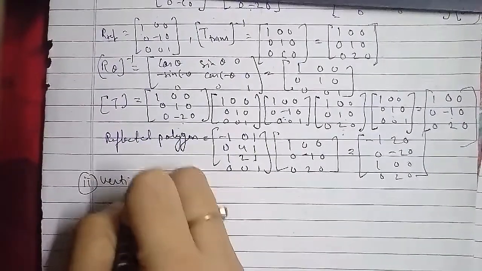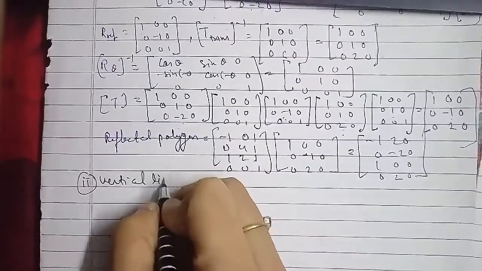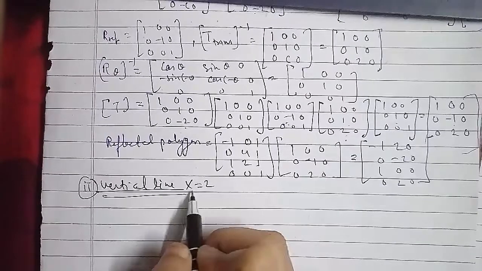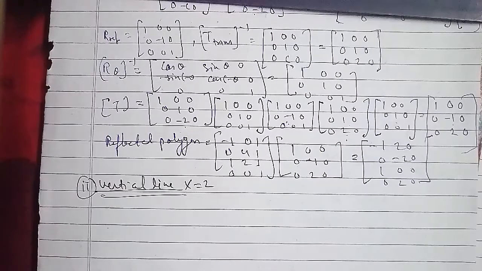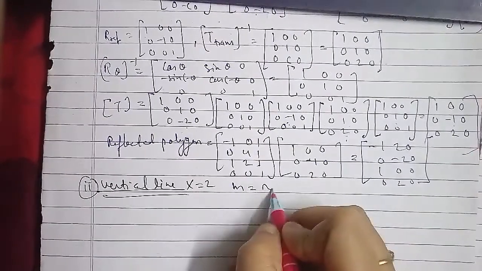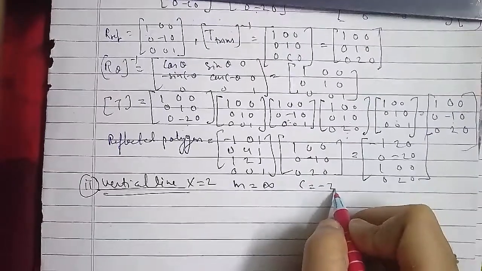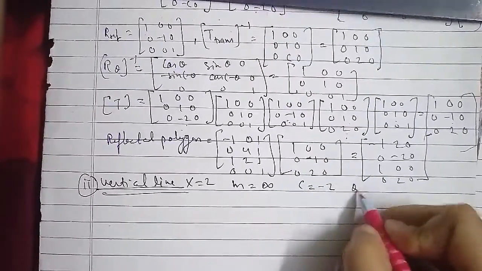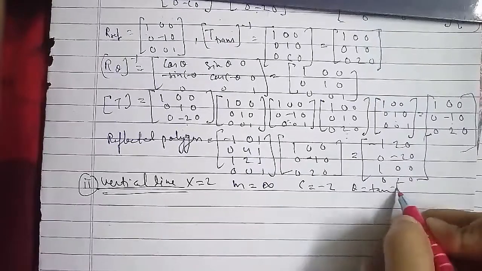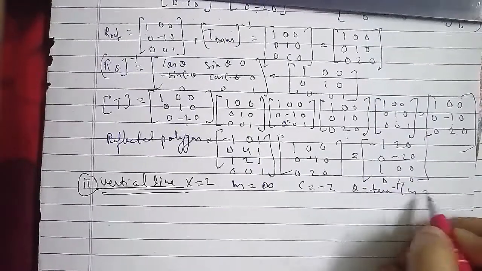In a vertical line where x equals 2 here, as we know that m equals infinity and c equals minus 2. So for the theta that we are finding, theta equals tan inverse m. The m we know is infinity, so tan inverse infinity equals 90 degrees.